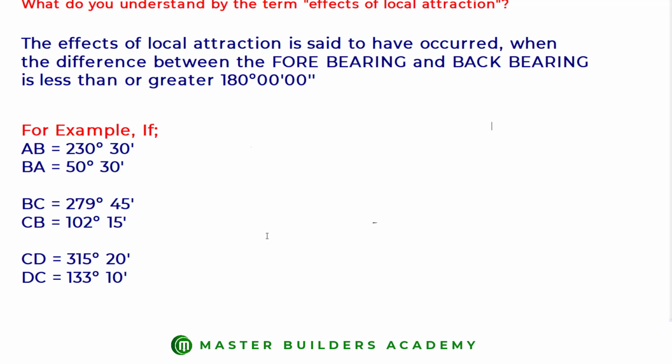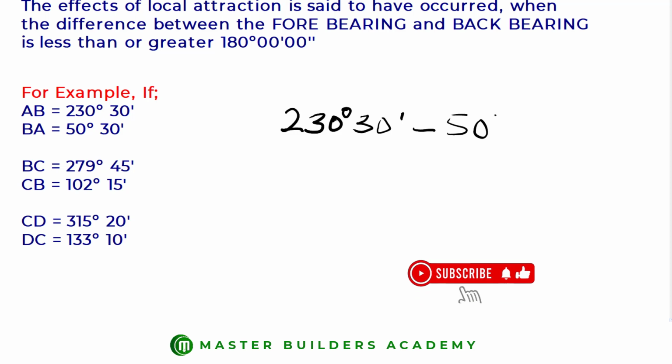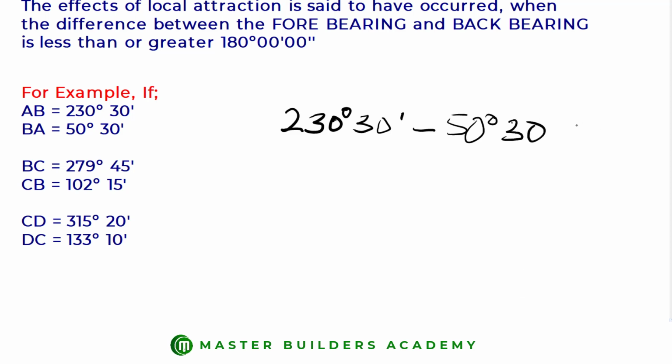So now let's go ahead and subtract the least value from the greater value. 230 degrees, 30 minutes minus 50 degrees, 30 minutes.